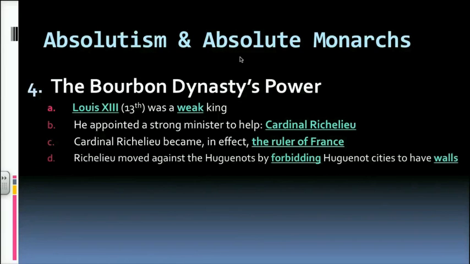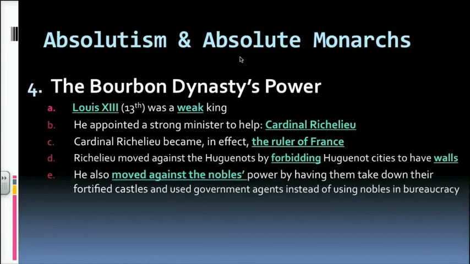Richelieu, because he was Catholic, moved against the Huguenots by forbidding Huguenot cities to have walls. So in the event that they needed to be attacked, they couldn't defend themselves. On top of that, he also moved against the nobles' power by having them take down their fortified castles and used government agents instead of using nobles in the bureaucracy. Typically in history, the nobles kind of had important roles within their kingdoms.